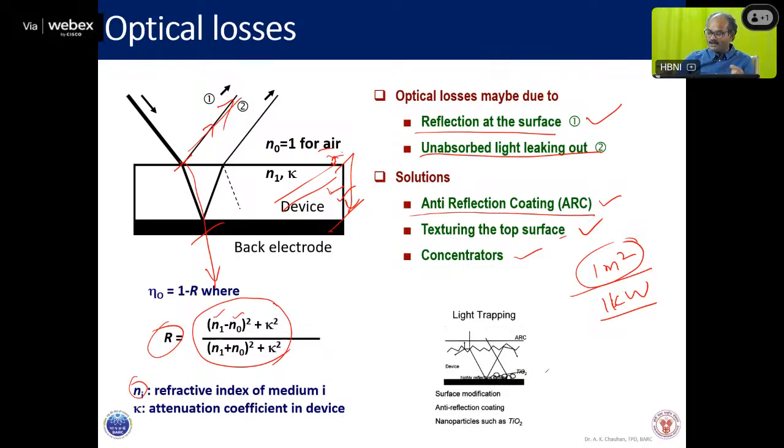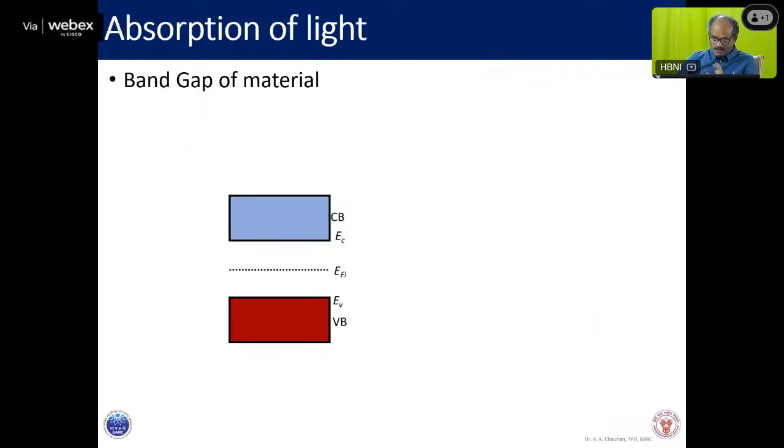And if I can focus that, the bright spot which we used to use for burning papers, into 1 millimeter square, we can see we have concentrated 1 kilowatt power into a very small area. So if the intensity is high using a concentrator, we can reduce the optical losses. One is optical losses if light is reflected. Then next is absorption of light.